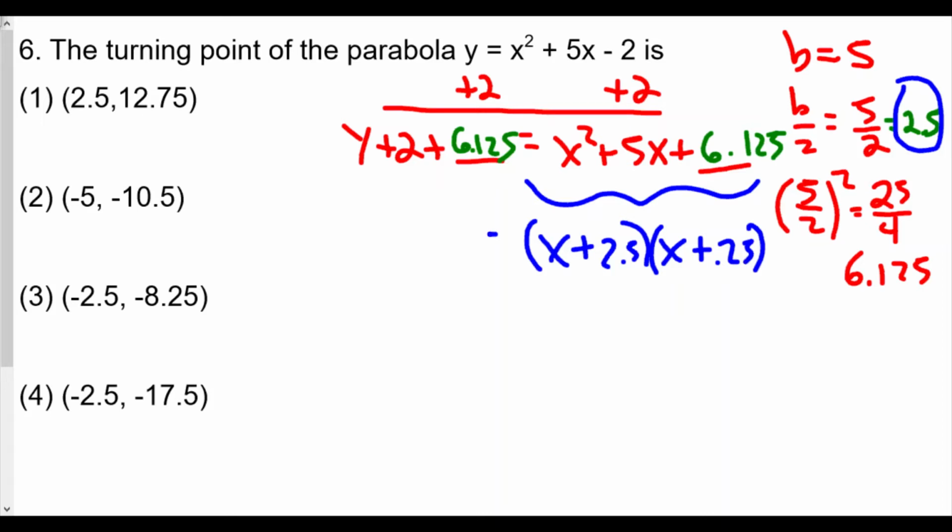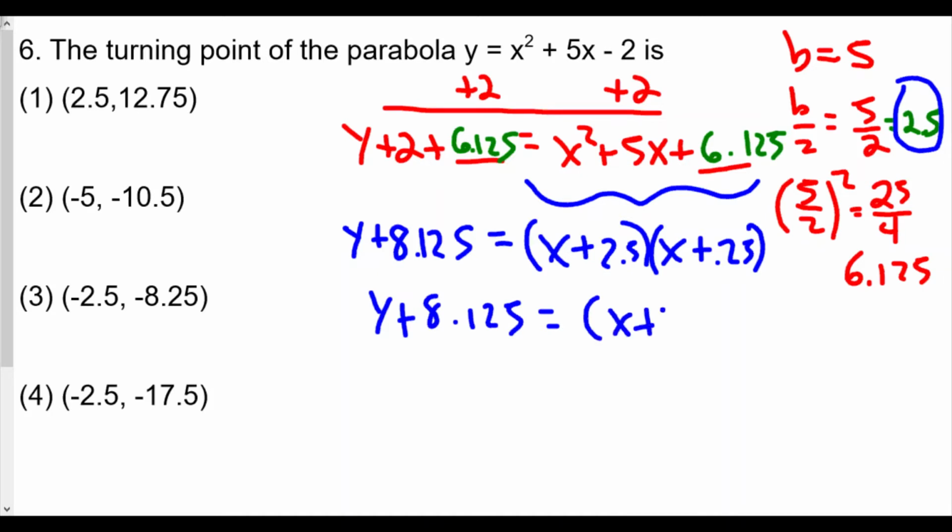Now on the other side, y plus 2 plus 6.125 gives y plus 8.25. 8.125 actually. So we have y plus 8.125 is equal to x plus 2.5 squared.